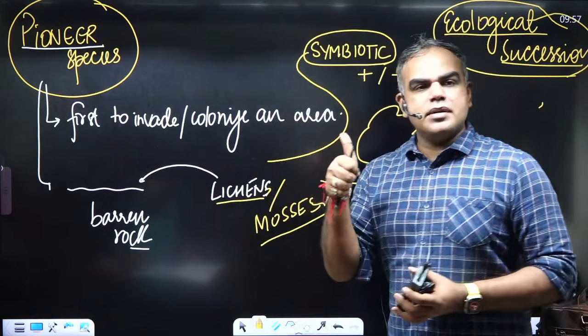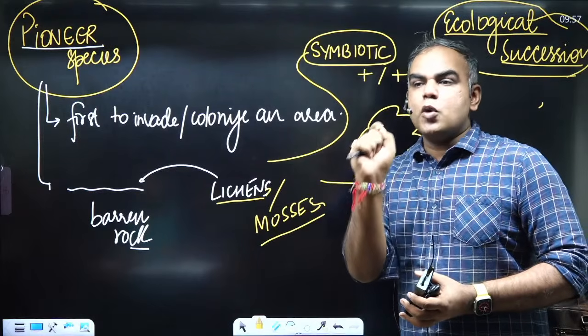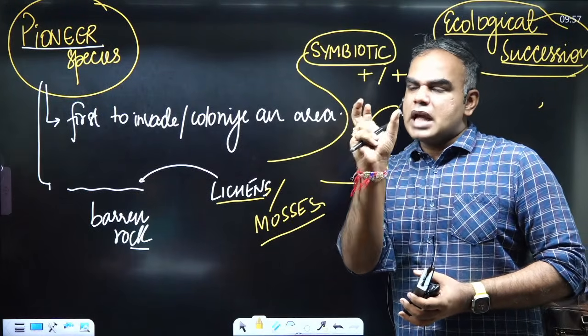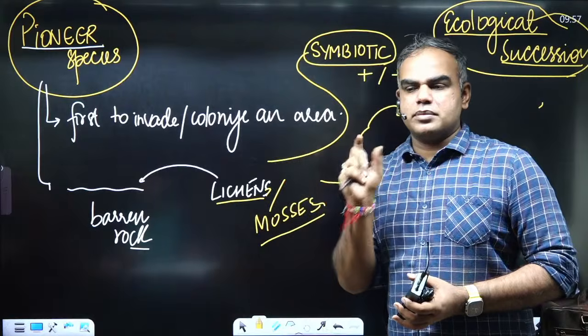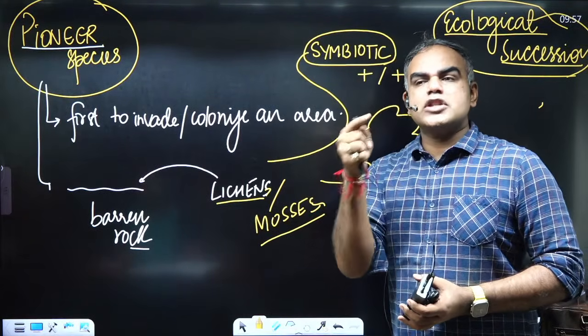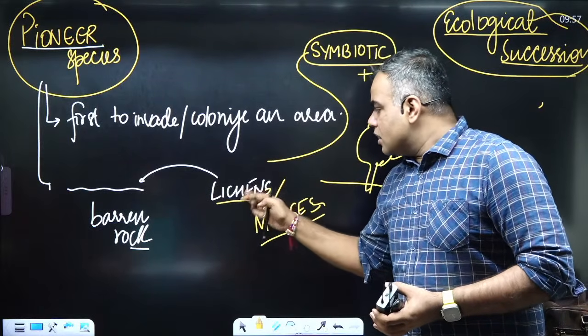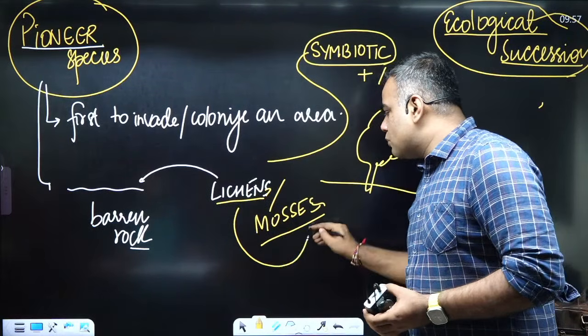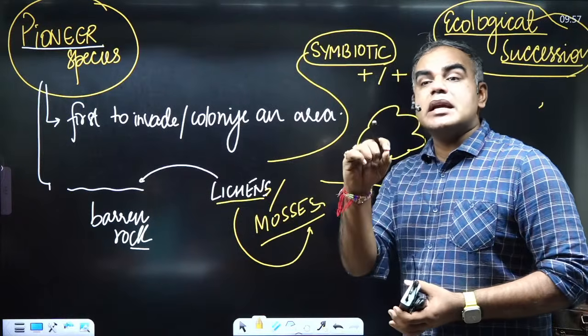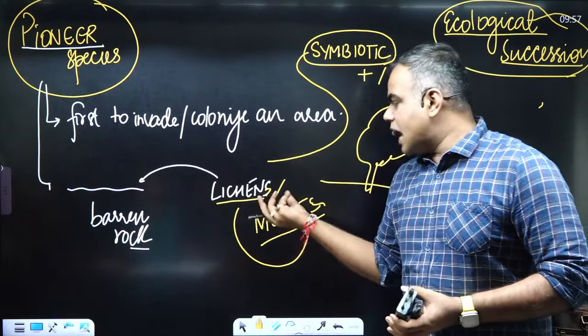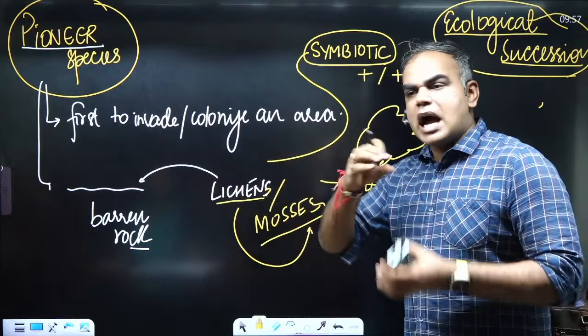So pioneer you understand? अभी के लिए for your understanding only when you see the species and the adjective or the keyword associated. जैसे pioneer में I need to know first to invade an area. These are lichens. Okay. इसी से मिलते जुलते होते हैं mosses, but the difference is mosses are slightly differentiated. If I say algae or lichens, these are undifferentiated.